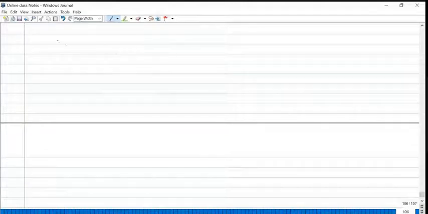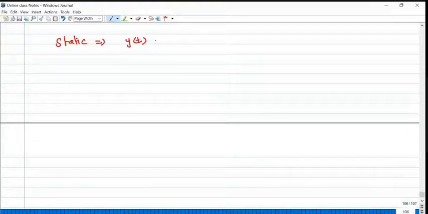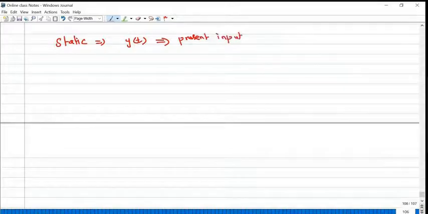So static meaning only present input. y of t depends on only the present input, meaning x of t term must be there in the expression.